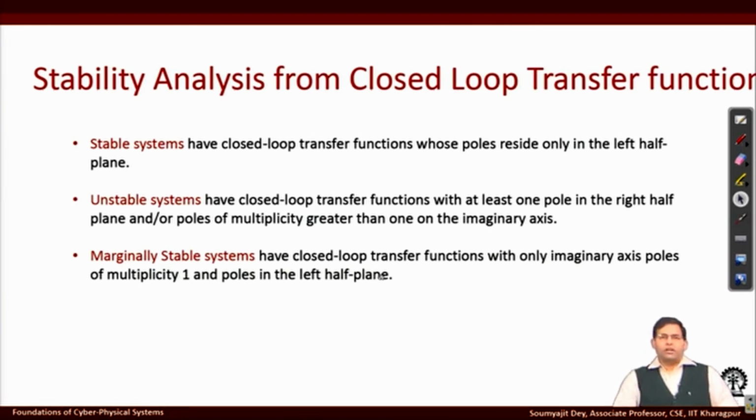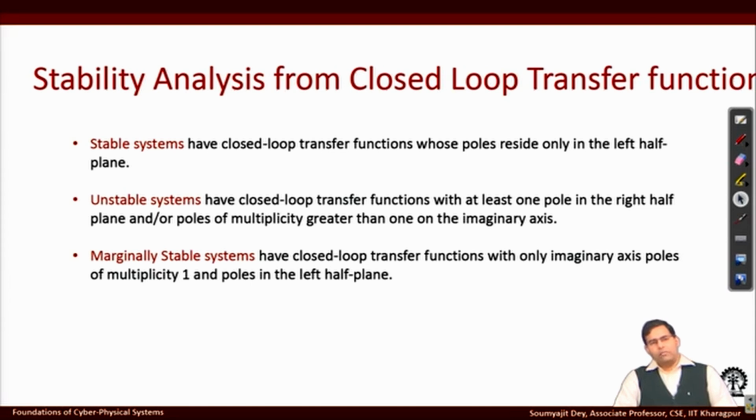So we can say in a nutshell that stable systems have closed loop transfer functions whose poles reside only in the left half plane. Unstable systems will have closed loop transfer functions where at least one pole will be in the right half plane, or there may be poles of multiplicity greater than 1 on the imaginary axis.